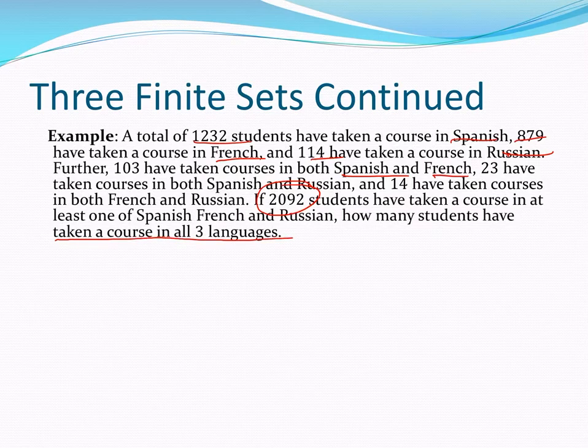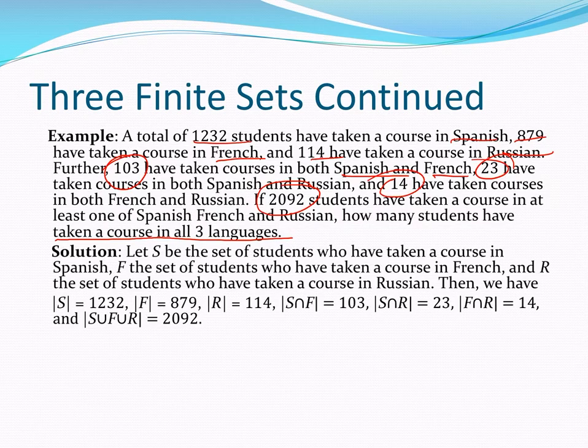That would be the cardinality of the intersection. So that using our formula from before, there's 8 terms. If I have any 7 of those terms, I can get the 8th term. I do have intersection cardinalities, 103 in Spanish and French, 23 in Spanish and Russian, and 14 in French and Russian.